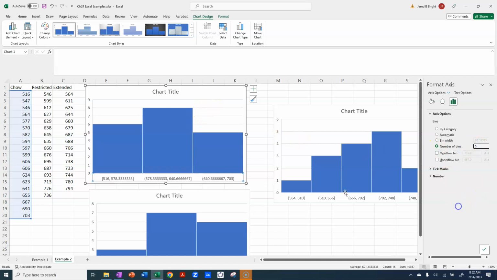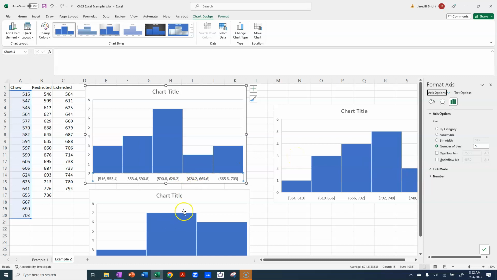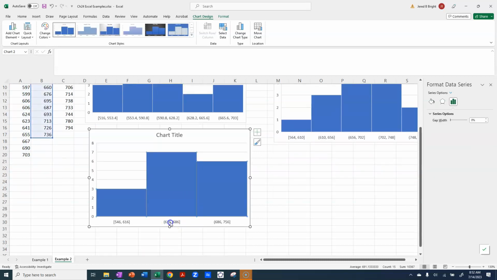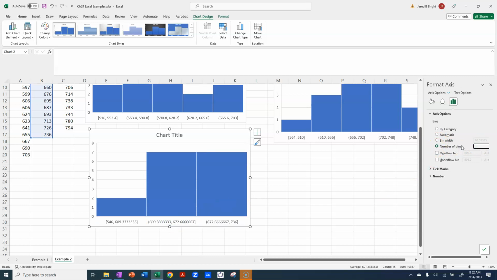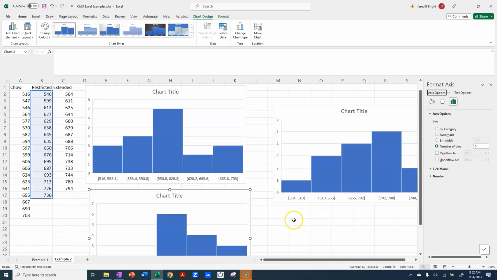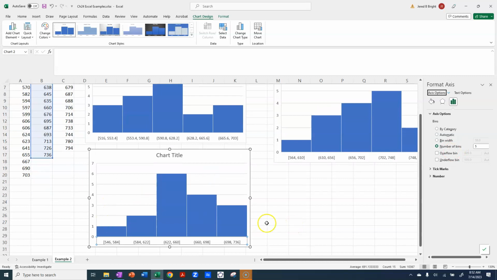Still relatively normal. Number of bins, change it to 5 just to see. Even changing the bins, they're still roughly normally distributed, at least the samples. Generally, if the sample's normal, that means they come from a normally distributed population.